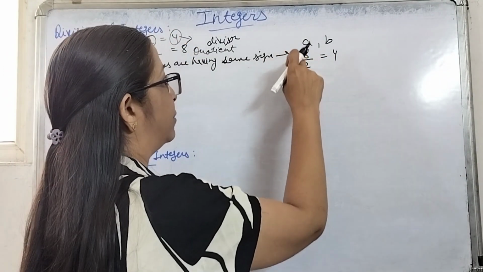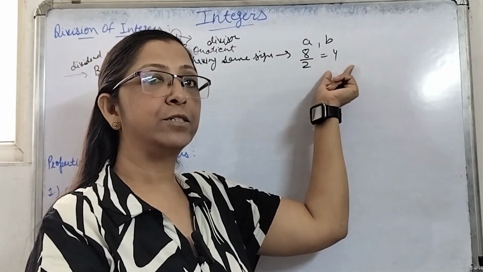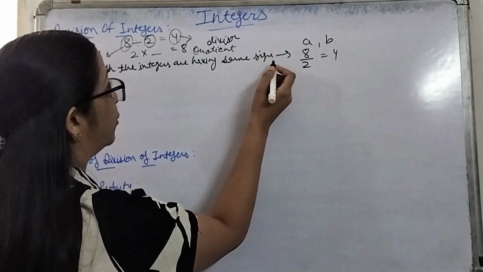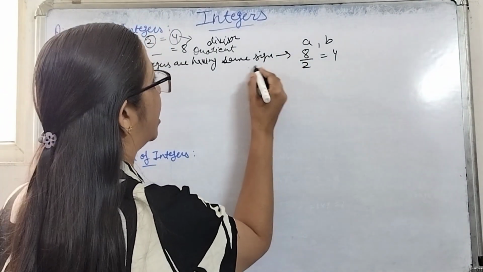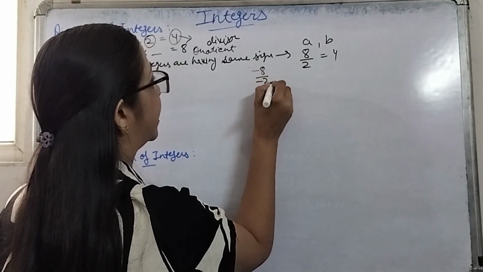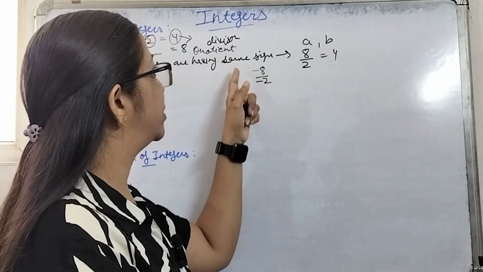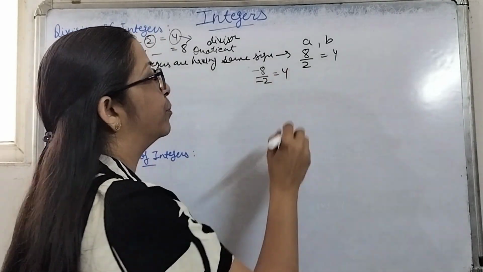If both the numbers which we are dividing are positive, then the final answer, the quotient, will be positive. Similarly, if both the dividend and divisor are negative, minus 8 and minus 2, and we divide these two negative integers, then also the answer will be positive.